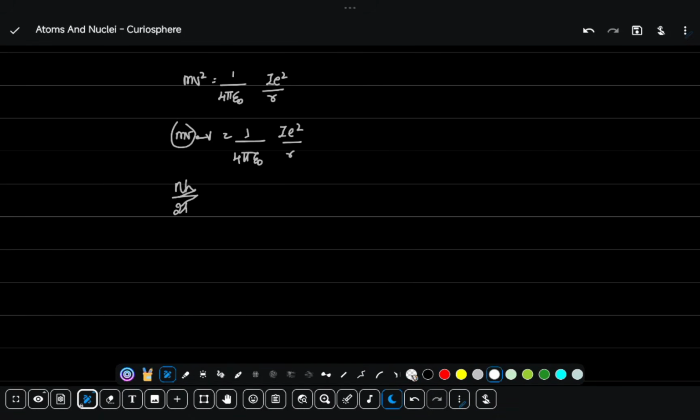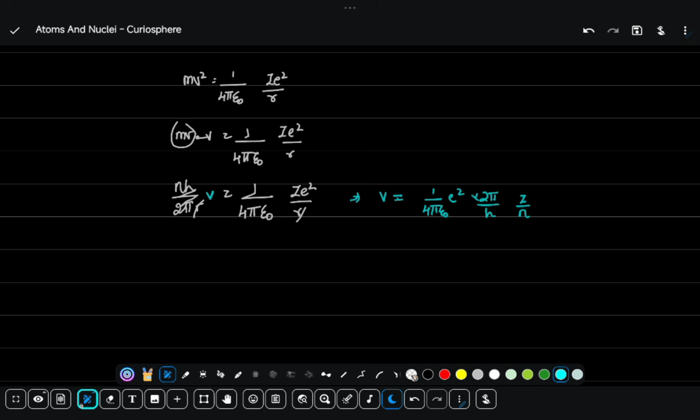So nh by 2 pi r times v equals 1 by 4 pi epsilon naught z e squared by r. Now if you cancel r on both sides, and you don't forget the v here, this implies v is equal to 1 by 4 pi epsilon naught e squared into 2 pi by h into z by n.